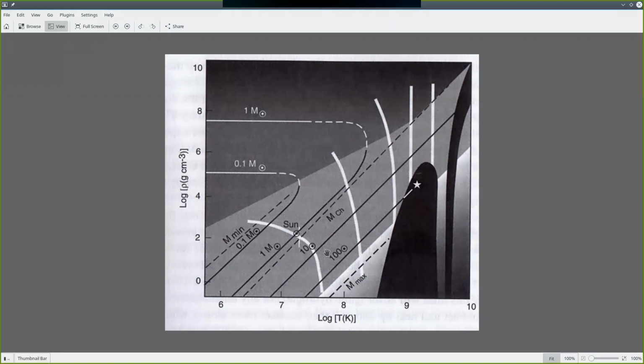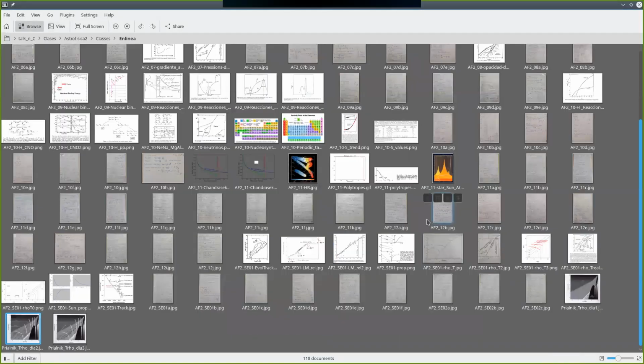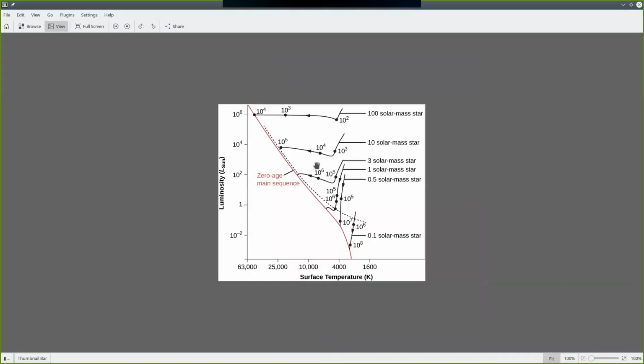This is quite similar to what we see in the Russell diagram, where for several stars there is this evolution. This is the main sequence, but considering just one mass and seeing how it evolves with time.